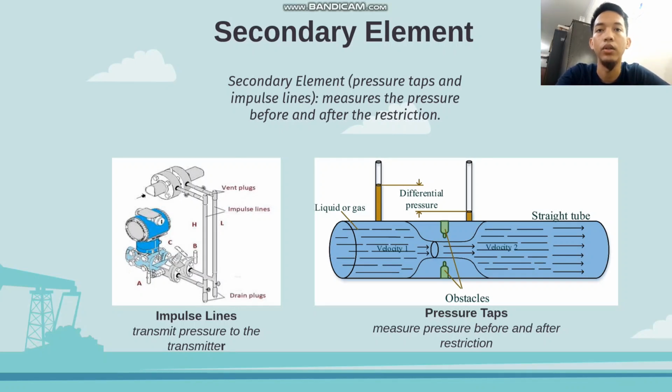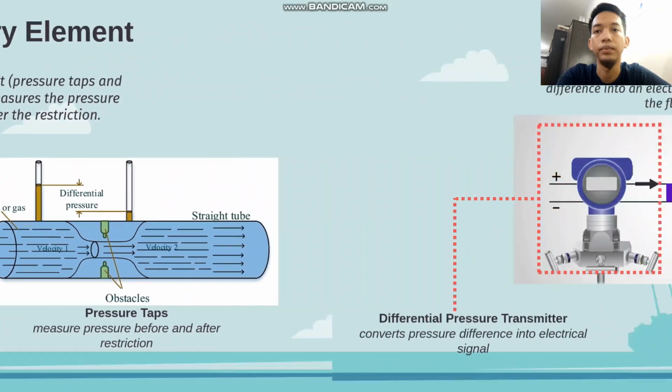This measurement helps calculate the pressure difference. Impulse lines are small tubes that connect the pressure taps to the pressure transmitter. They carry the pressure signal safely and accurately to the transmitter, and together the components help provide the pressure data needed for calculating the flow rate.